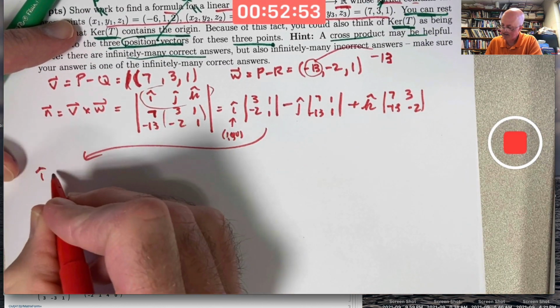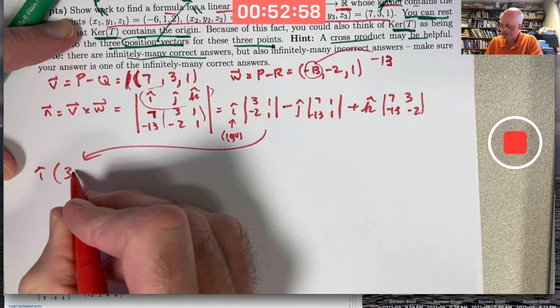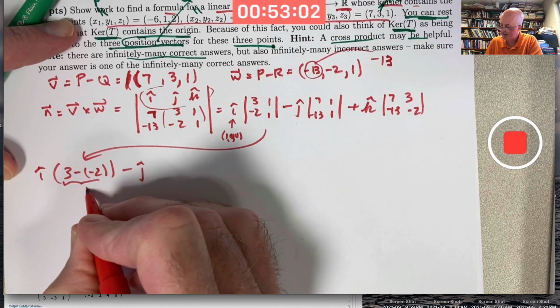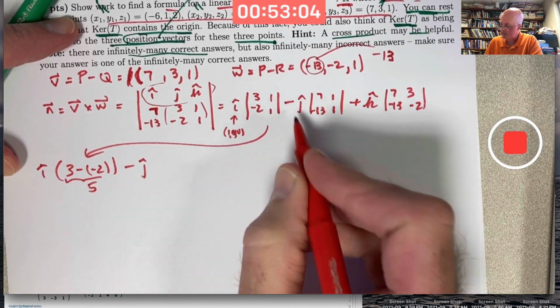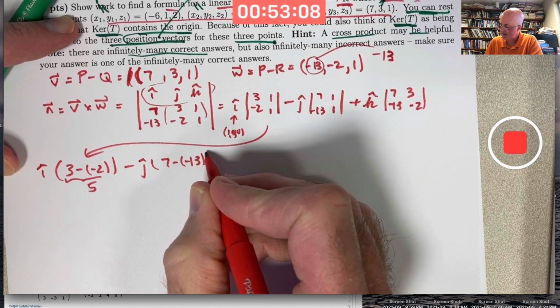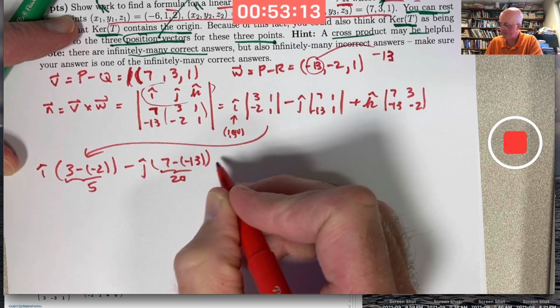So I get i hat times 3 minus -2, which is 5, minus j hat times 7 minus -13. That is a plus 20, but then we have a minus sign there.